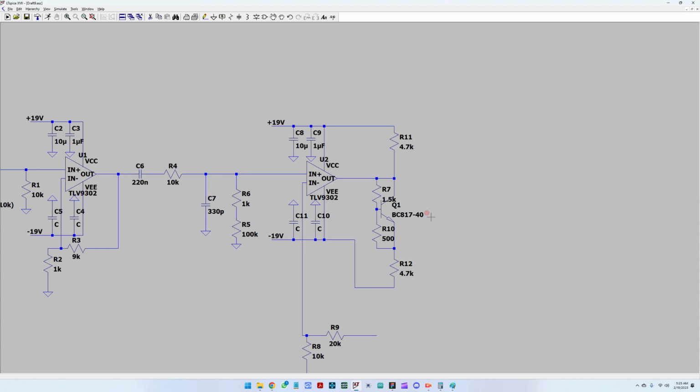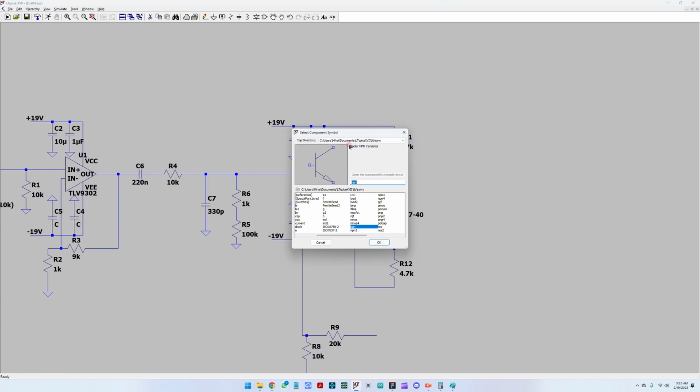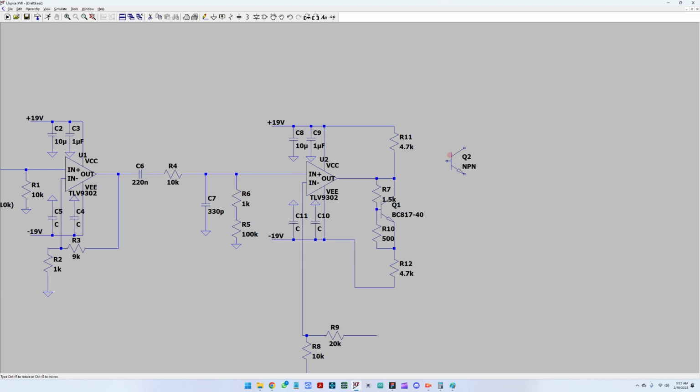Last stage, we have to drive the end stage here. So let's place some driving stage. So put an NPN on the top side. Here we would need a resistor to drive this NPN, and then we would need also a resistor to drive the gate.